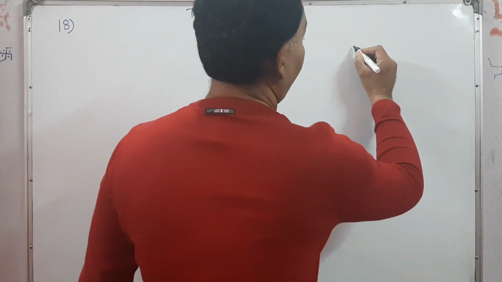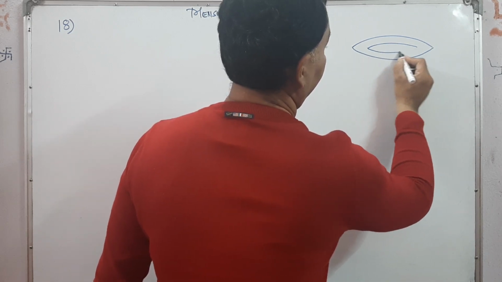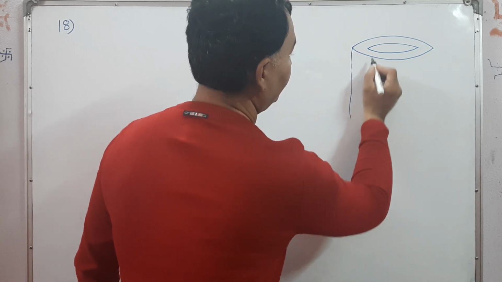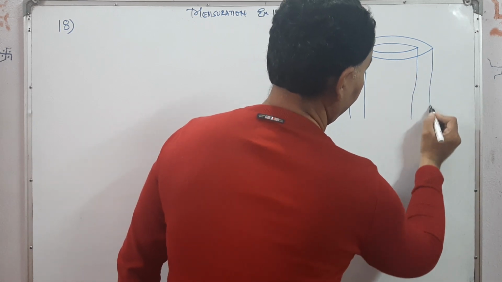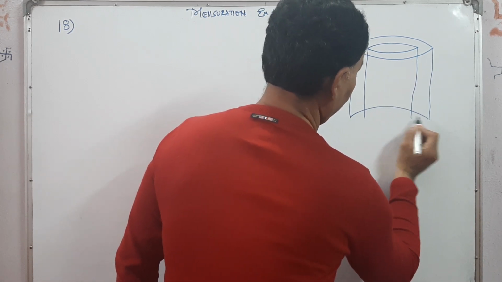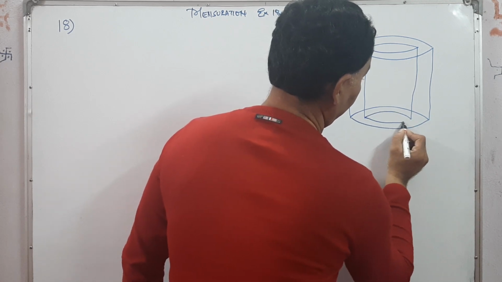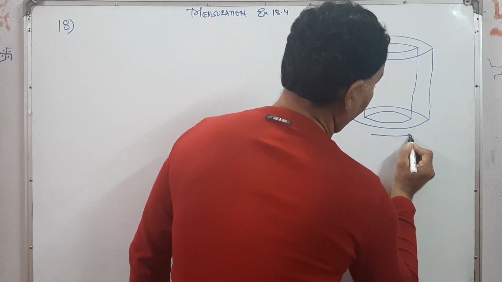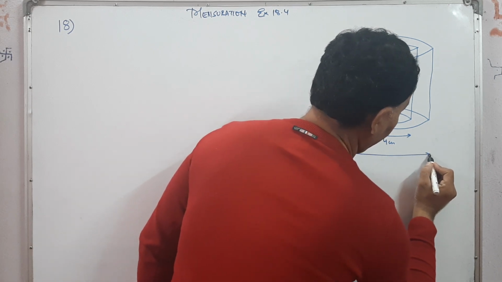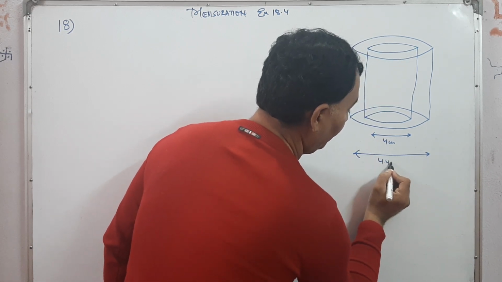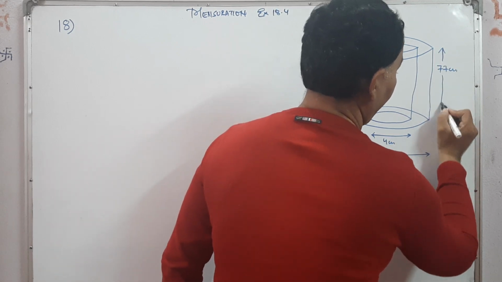Okay, we have a metal pipe which has a bore in it. It is given that the inner diameter is 4 centimeter and its outer diameter is 4.4 centimeter and the height is 77 centimeter.